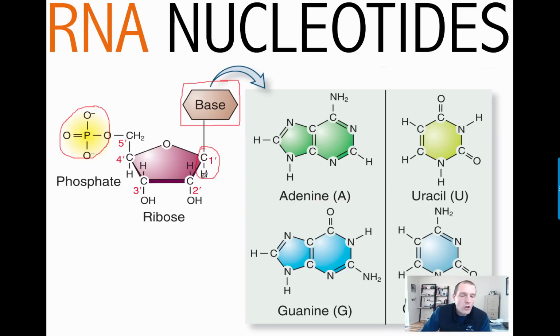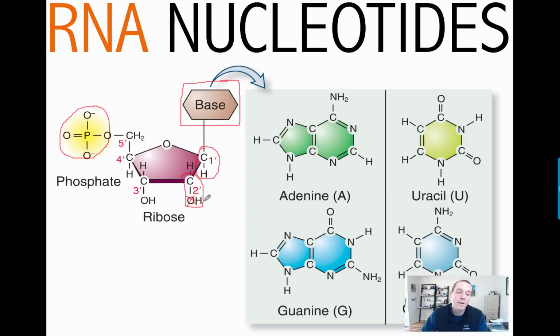Okay, let's take a look at the 2' carbon in ribose. So the RNA nucleotides contain ribose, and what you see here is that the 2' carbon has a hydroxyl instead of just a hydrogen. So deoxyribose doesn't have this oxygen here, and so it's called deoxyribose because it lacks that oxygen.